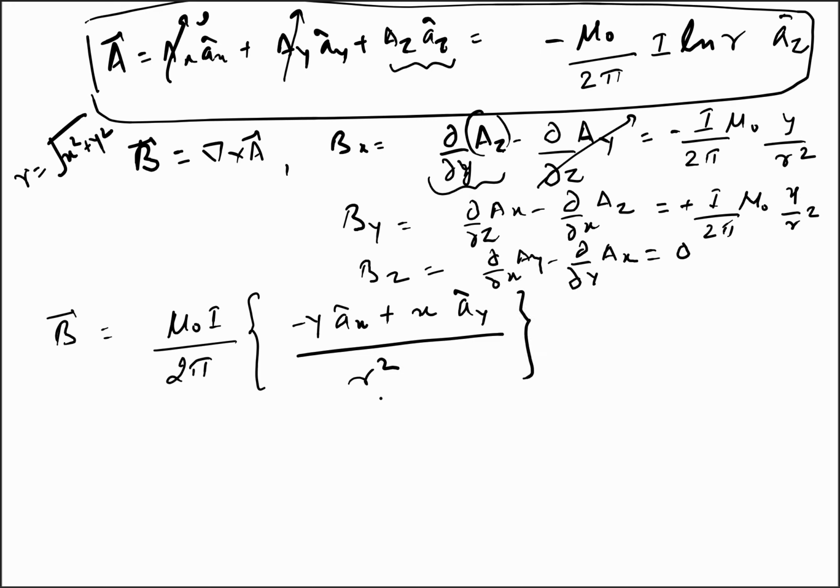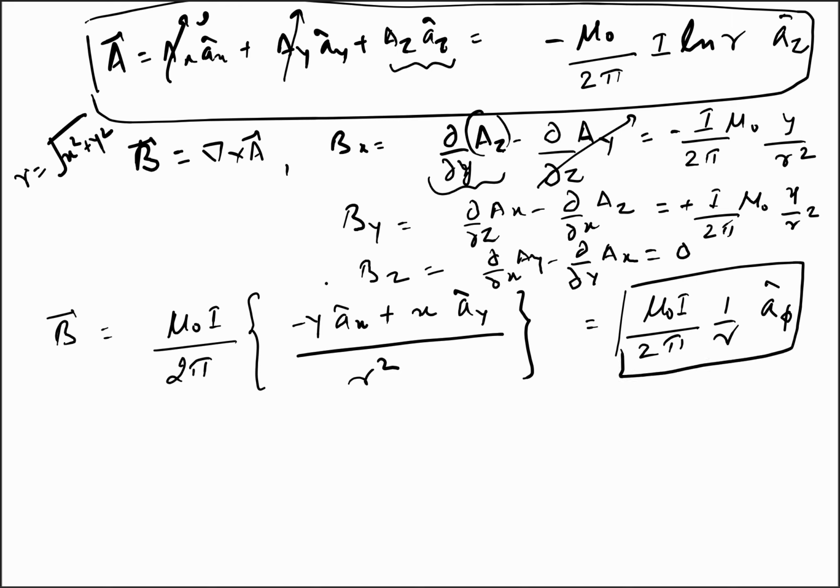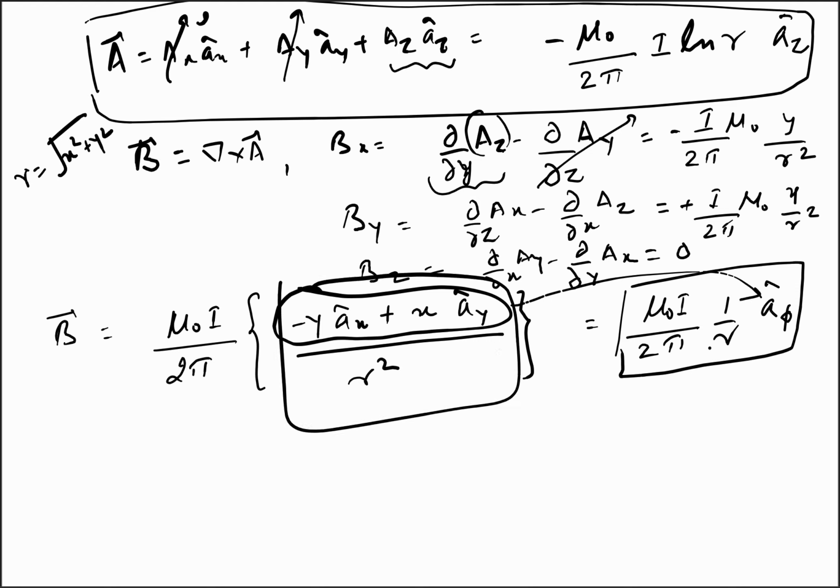or I can write it in the cylindrical coordinate form. This can be written as mu naught I by 2 pi, 1 by r a phi. If you have seen my lectures on curvilinear coordinate system, then you can easily transform this into cylindrical form, and you will find that this total quantity is equal to a phi by r.